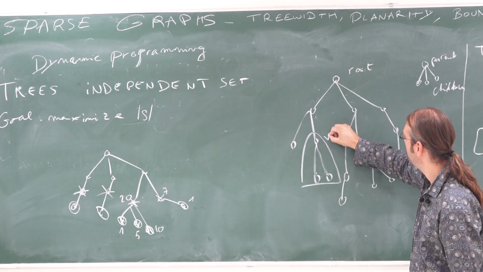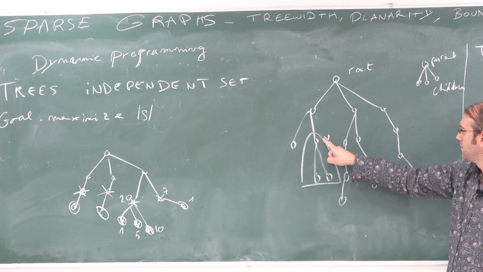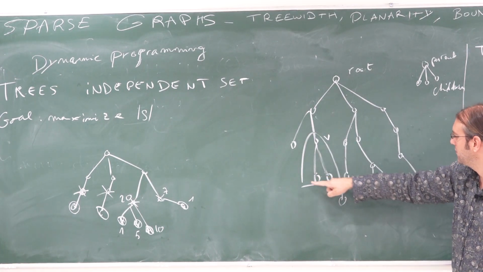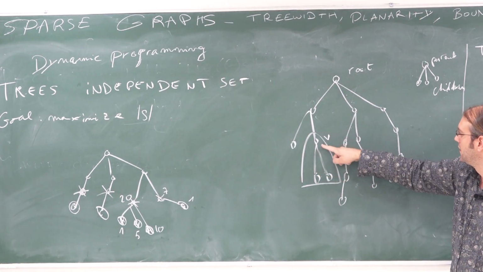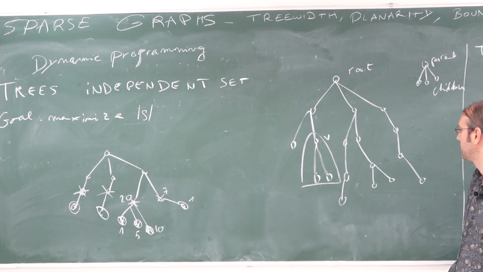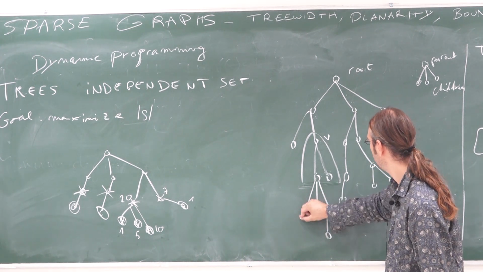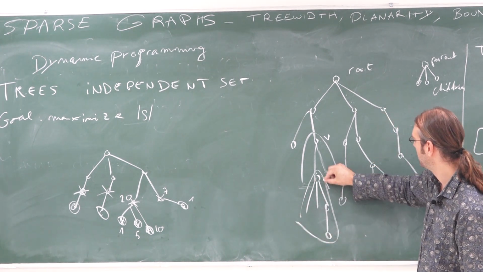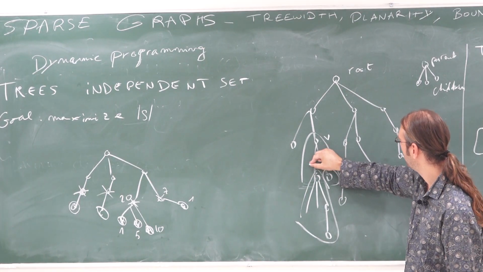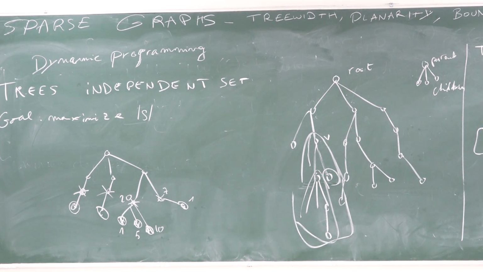So let's say I reach this vertex V. I'll compute the functions for this subtree as a function of the numbers for its children's subtrees. Assuming I have computed the children, I will now compute the father, and if I'm able to do that at every step, of course, I will reach the root and be able to compute the whole thing for the whole tree.